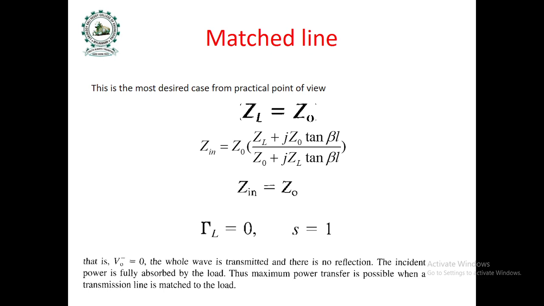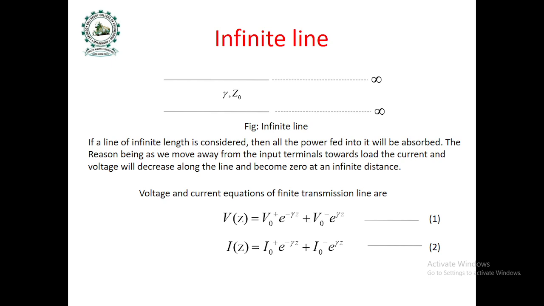The entire wave travels along the line from source to load without any reflection. If load impedance equals line impedance, there is no reflected wave along the transmission line. So maximum power transfer is possible when the transmission line is matched to the load.